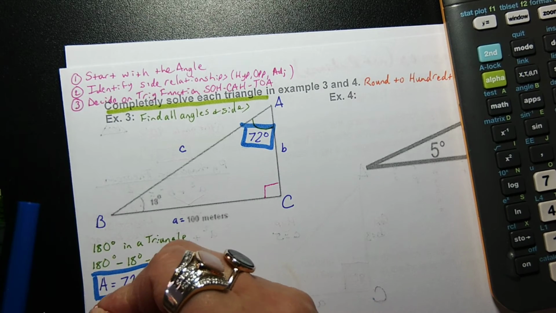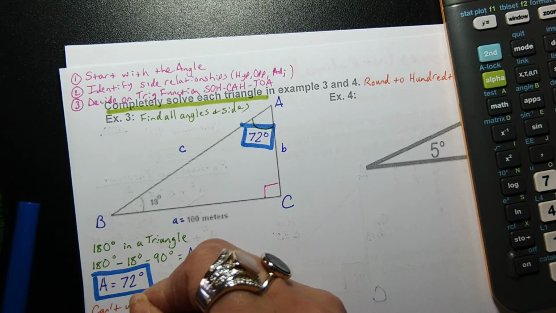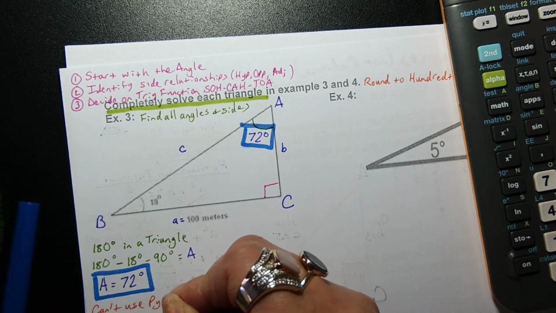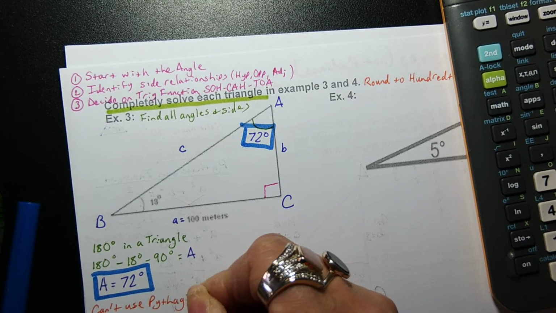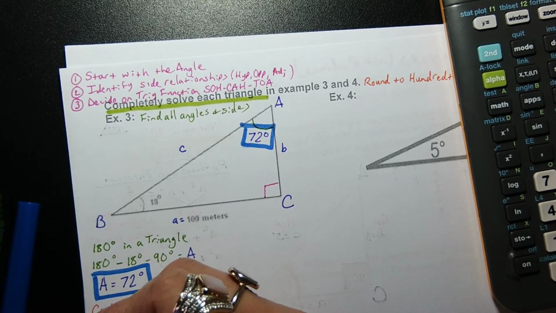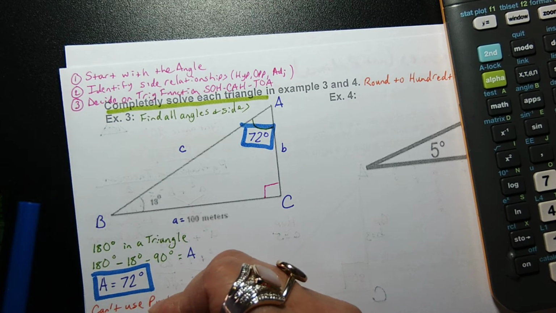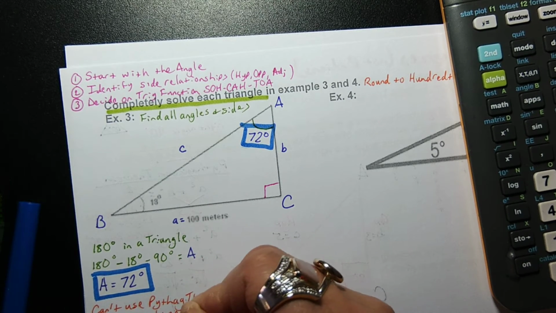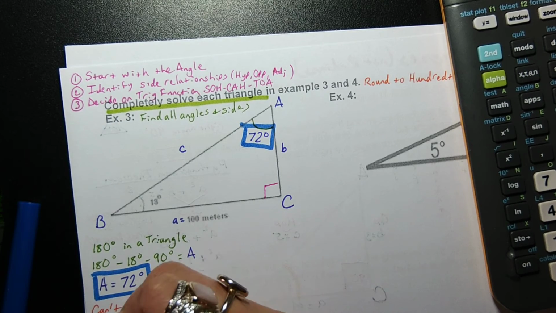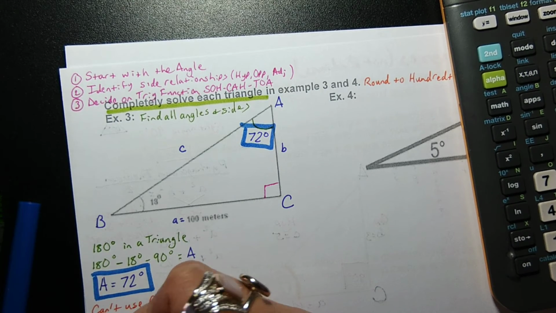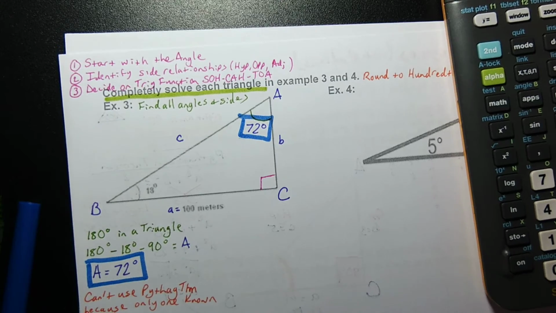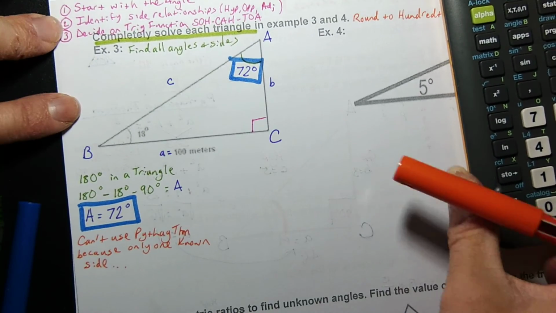So we can't use the Pythagorean theorem because only one known side. But this is where trig ratios come into play.